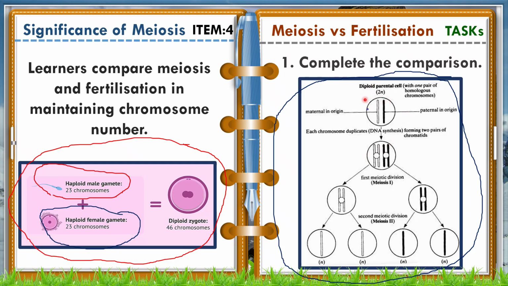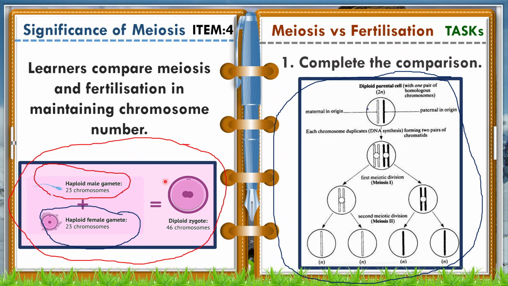In meiosis, we start with a diploid parent cell, which is 2N. In this cell, we have homologous chromosomes. We have one pair to represent the 23 pairs. In the homologous chromosomes, we have the maternal chromosome and then the paternal chromosome.